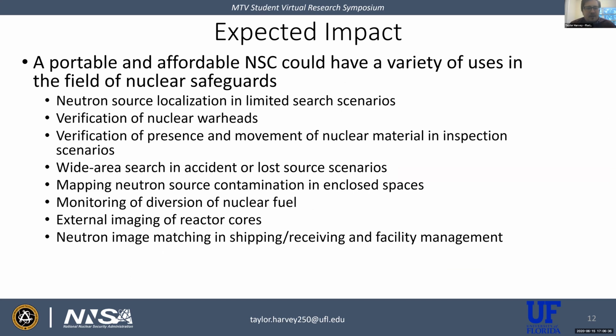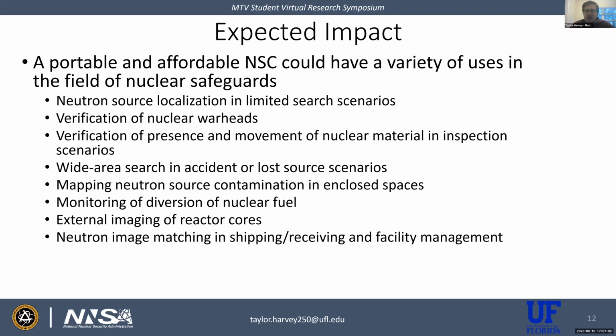It would also be useful for verification of warheads for treaty verification, the presence and movements of nuclear material in inspection scenarios carried out by the IAEA, for example, wide area search, accidents or attack and lost source scenarios, mapping neutron sources in contaminated enclosed spaces, and monitoring fuel.